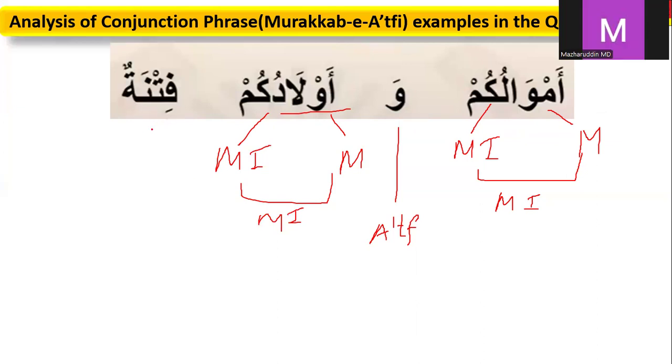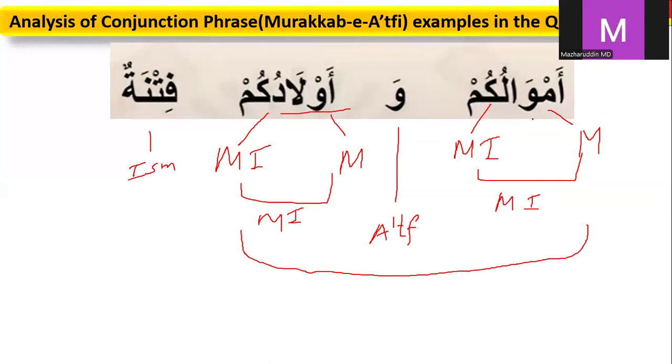Fitnatun, this is a noun, ism. Yes, very good, it is khabar. So this murakkabe idafi is two.